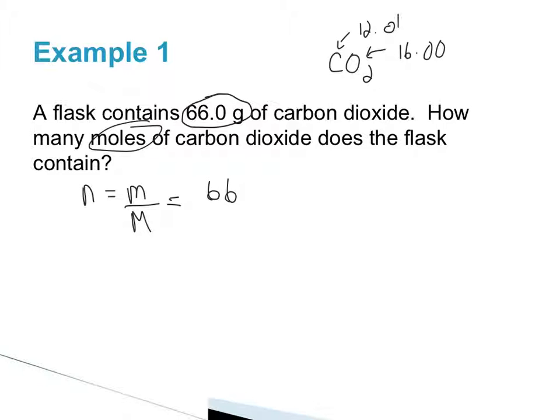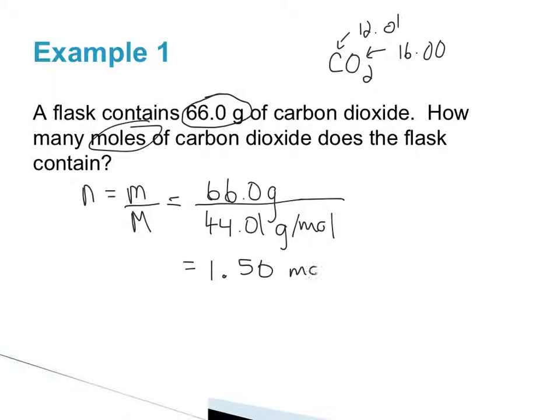So we're going to have 66.0 grams, and if you find the molar mass of carbon dioxide, you should get 44.01 grams per mole. And that means that the number of moles, and we want 3 sig digs, is going to be 1.50 moles of carbon dioxide.